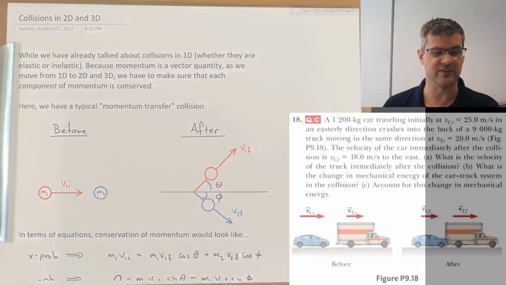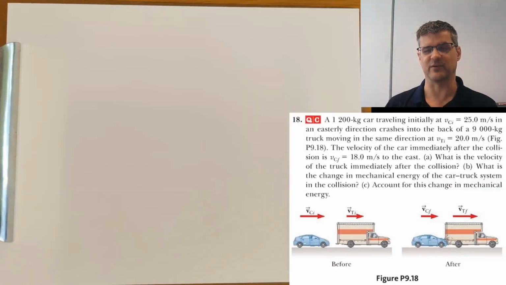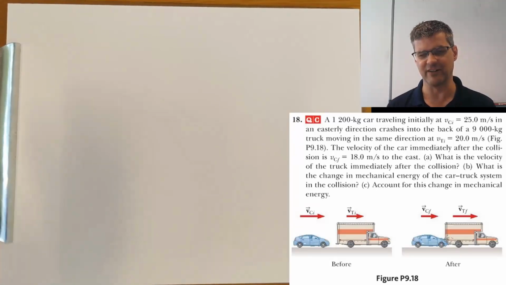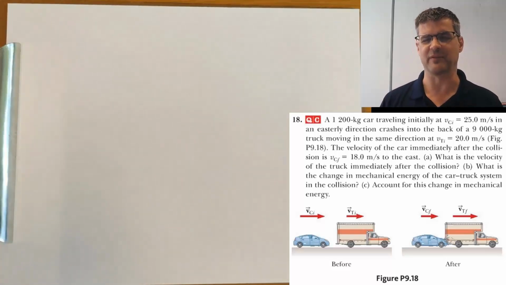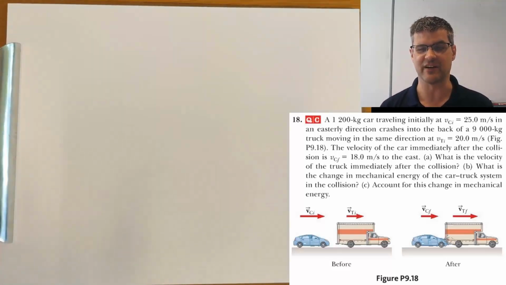And so let's first look at a problem like the one that is shown here. In this problem we have a car that is going to hit a truck. And what we know in the problem is the initial speed of the car, the initial speed of the truck, and the final speed of the car after the collision.